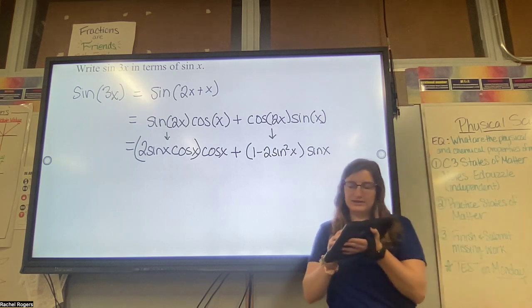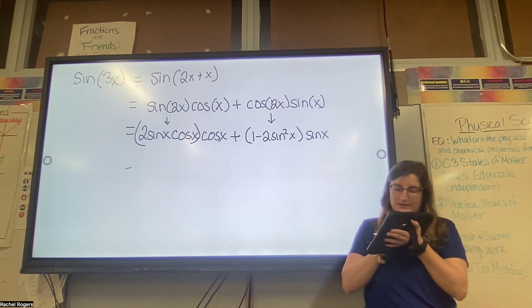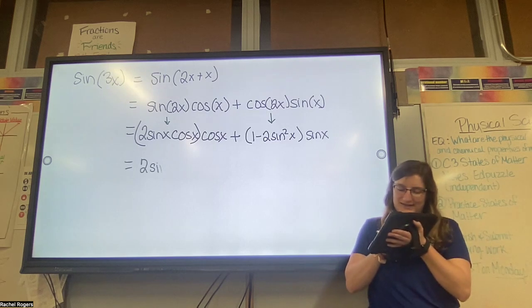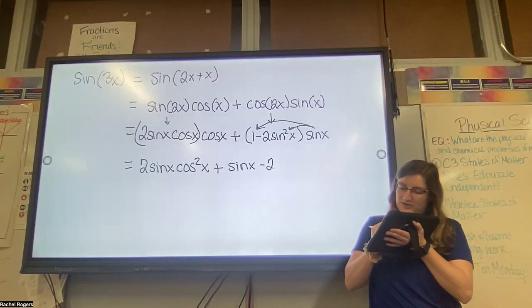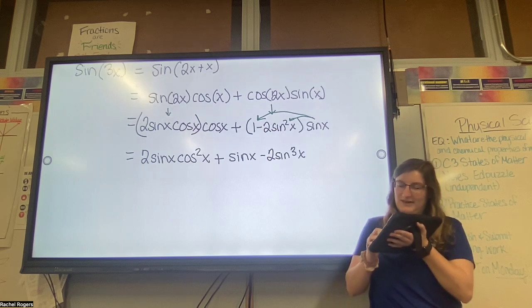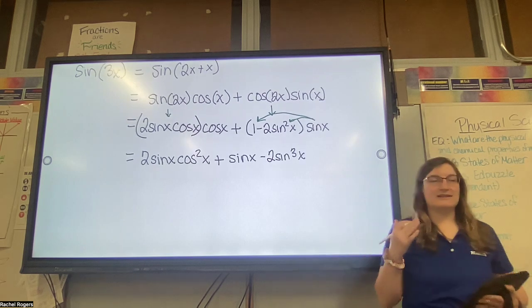And now we just need to do a little combining. So this is 2 sine of x times cosine squared of x, plus, we gotta distribute this guy, sine of x minus 2 sine cubed of x. Are we entirely in sine of x land?